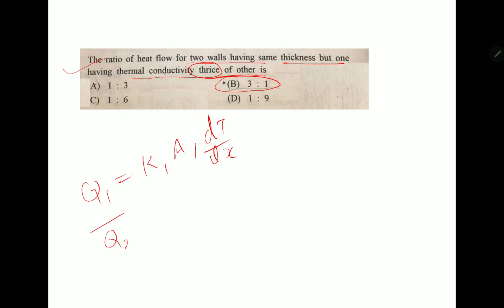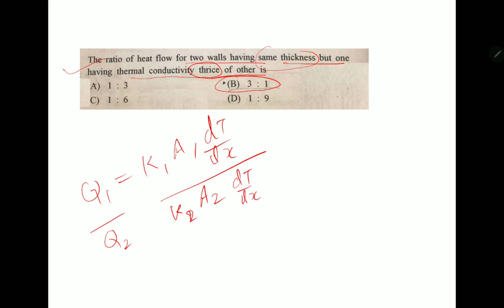The ratio of heat flow for two walls having the same thickness but one having thermal conductivity thrice that of the other. Our right answer is option B. Let's discuss. Q1 is equal to K1 A1 dT by dx, and for the ratio of heat flow, for Q2 we can write K2 A2 dT by dx.